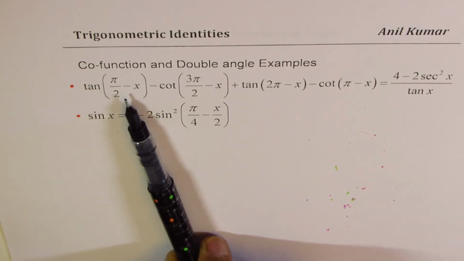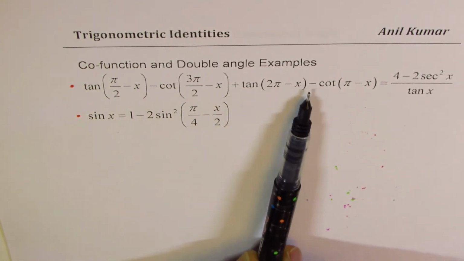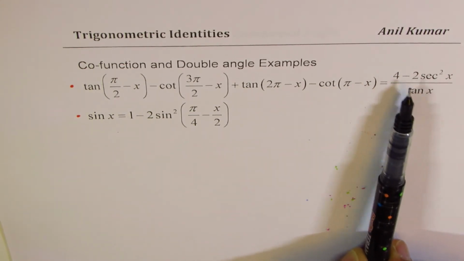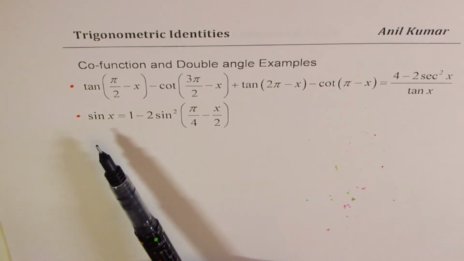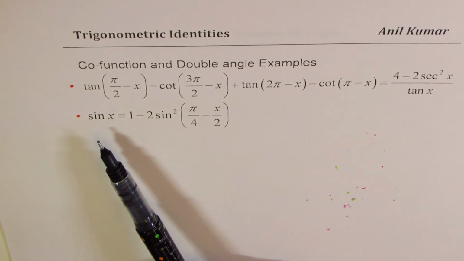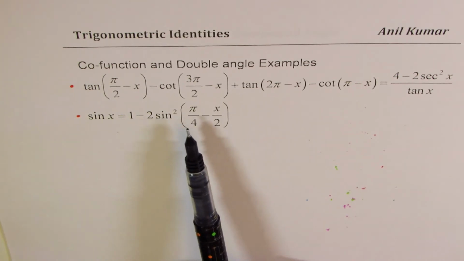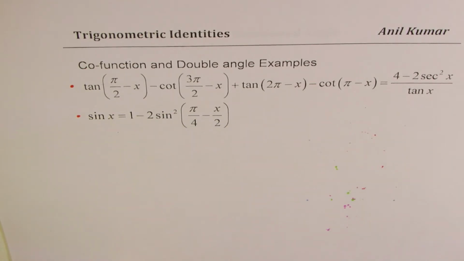Tan pi by 2 minus x minus cot 3 pi by 2 minus x plus tan 2 pi minus x minus cot pi minus x equals 4 minus 2 secant square x over tan x. That's the first one. The second one here is sin x equals 1 minus 2 sine square pi by 4 minus pi by 2.